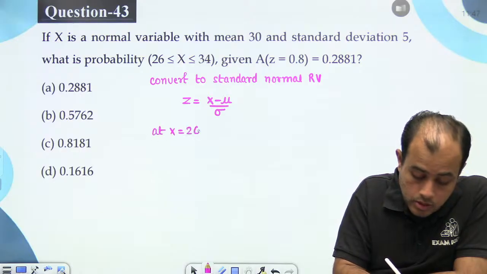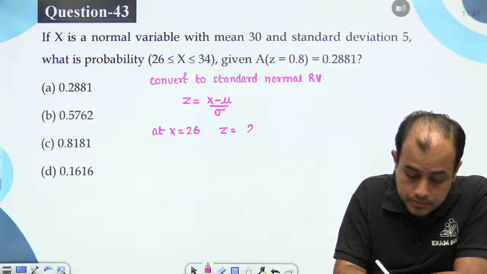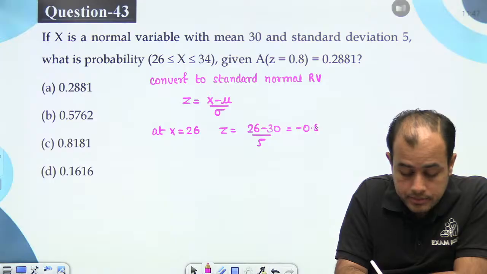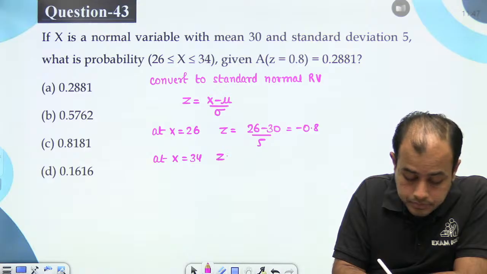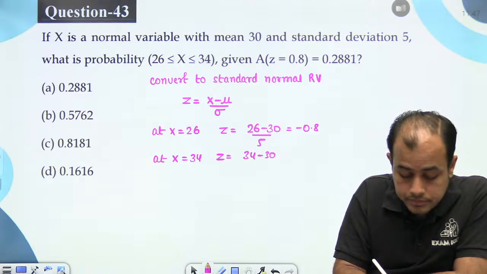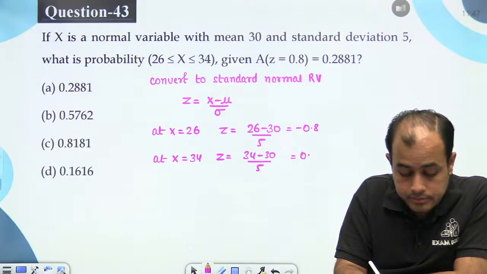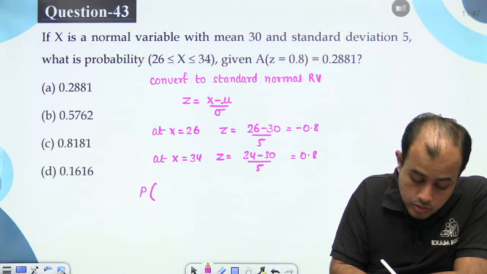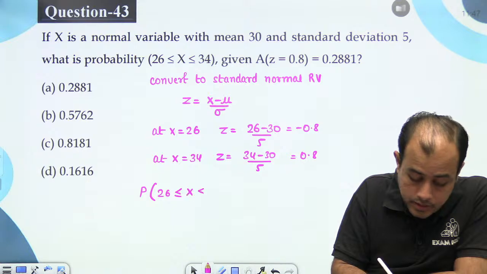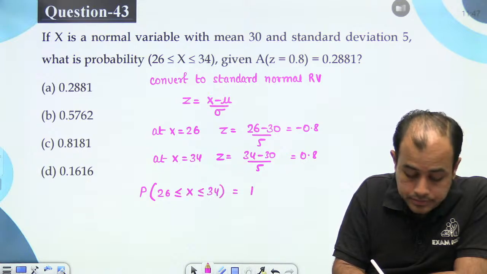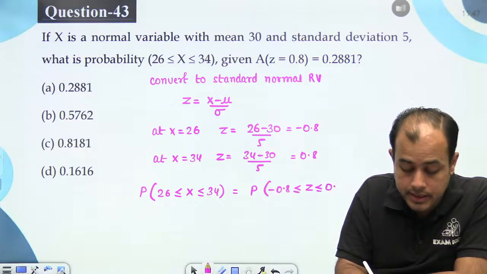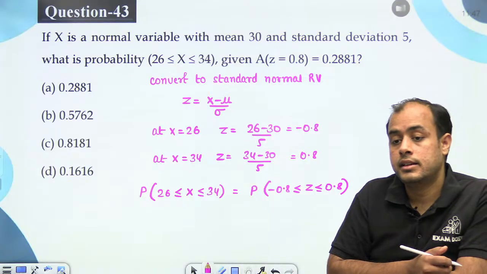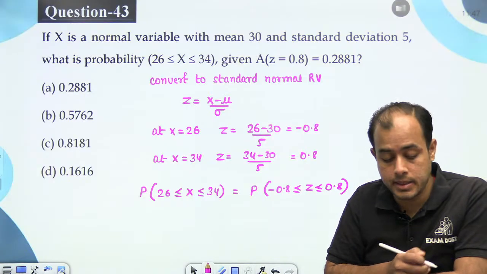So at X equal to 26, Z is equal to minus 0.8. So the probability that X lies between 26 and 34 is the probability that Z lies between minus 0.8 and 0.8. ये z की प्रोबेबिलिटी है -0.8 से 0.8 जाने की.